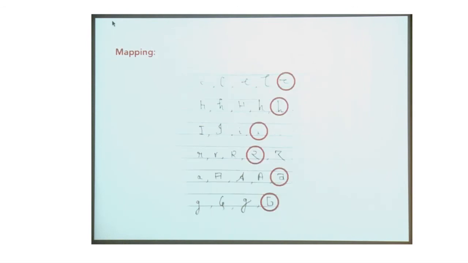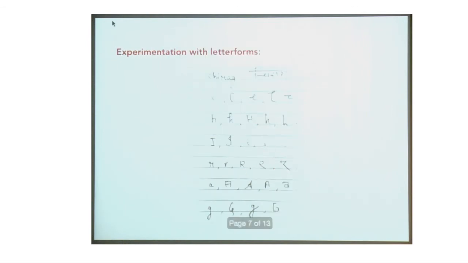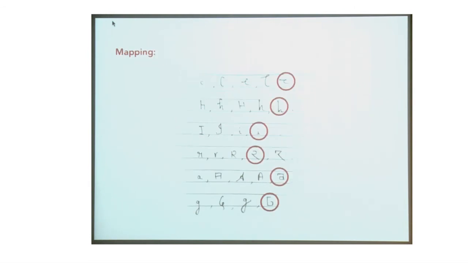Similarly, the H has similarity with the vertical stroke of the Ch. After that I tried to incorporate it in the vertical stem of this. The R can be like this kind of R, as in the rupee symbol. So you can see the capital R, A, and G. This is the mapping part.